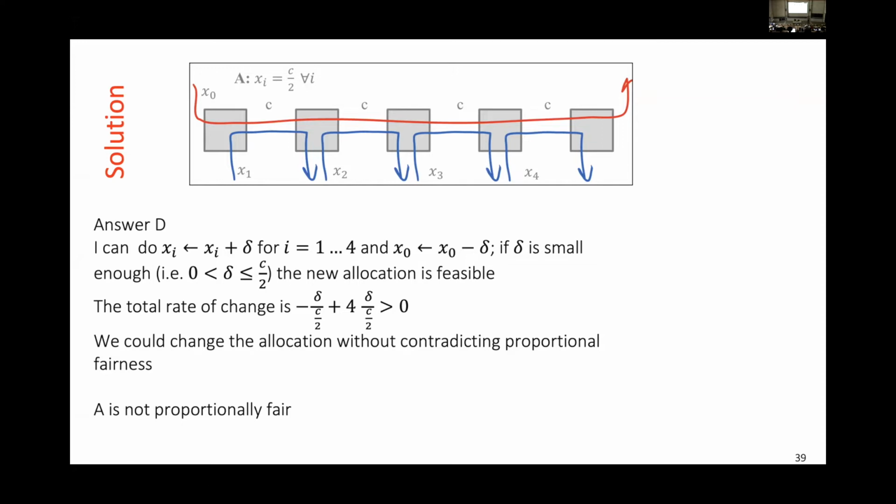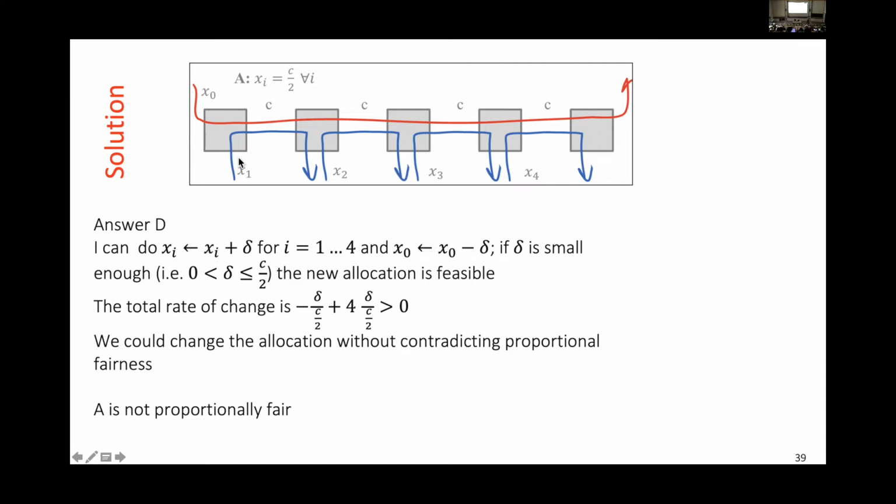Now I can compute what is the total rate of change. So let's take a look at the rate of change of each source. For this x0, the difference, the delta x, is minus delta. And the rate itself was previously C/2. So the rate of change is minus delta over C/2. For each of these blue, the difference, the delta x, is delta with a positive sign.